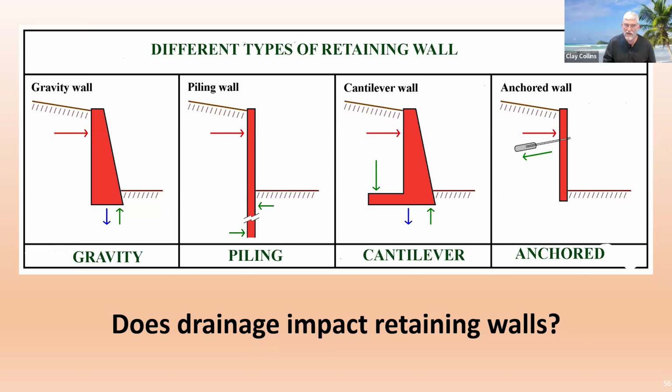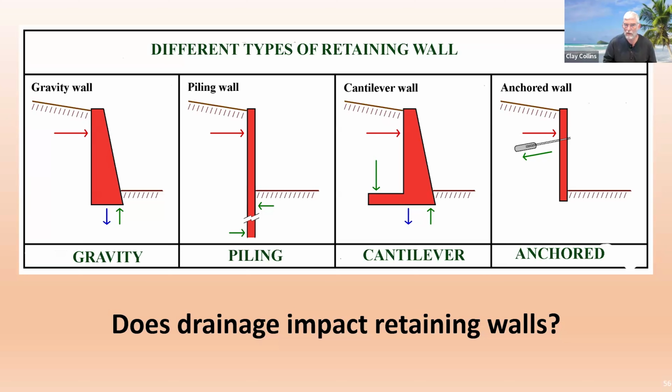Then you have the piling wall. It's much narrower, and you'll see that it is driven much deeper. So it is the depth and the soils at that depth that keep it from leaning out. It is the counter impact of the soil on the right-hand side of that. And now let's look at the cantilevered wall.